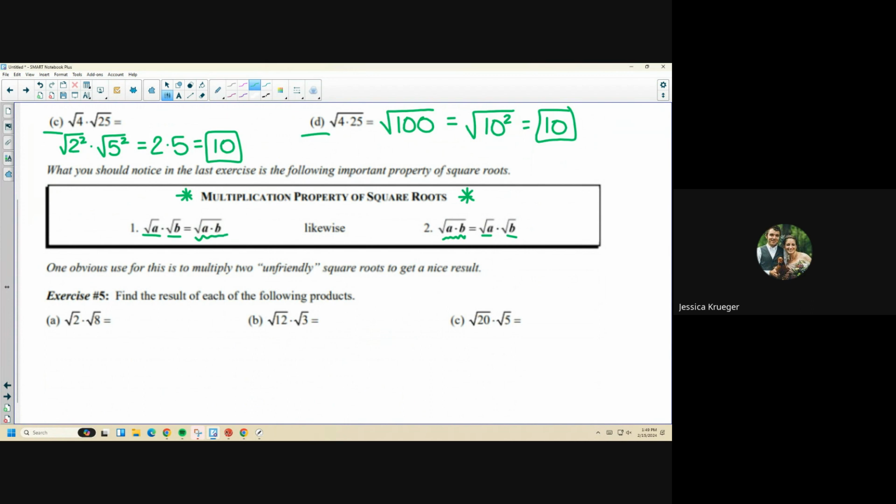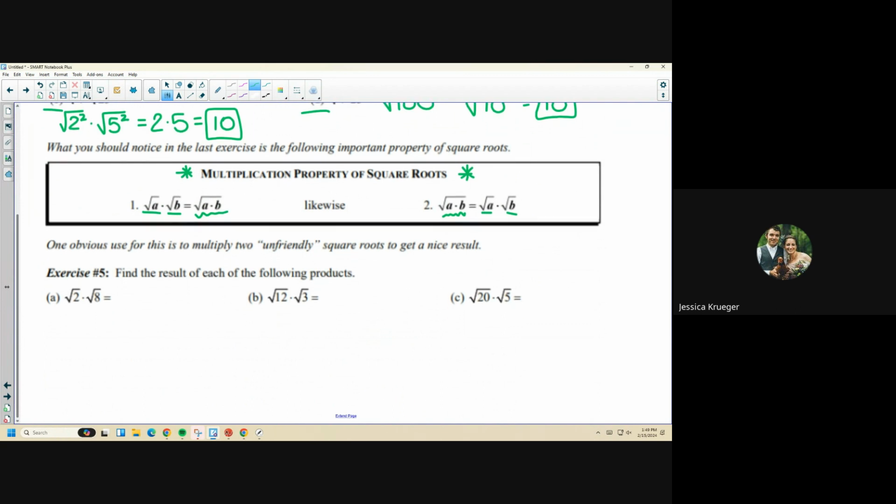Why would we want to do this? Well, let's look at part A. Square root of 2. There is no number that I can square to get 2. Remember, 1 squared is 1 and 2 squared is 4. So I cannot rewrite the square root of 2 as a number squared. Same thing with square root of 8. 8 is not a perfect square.